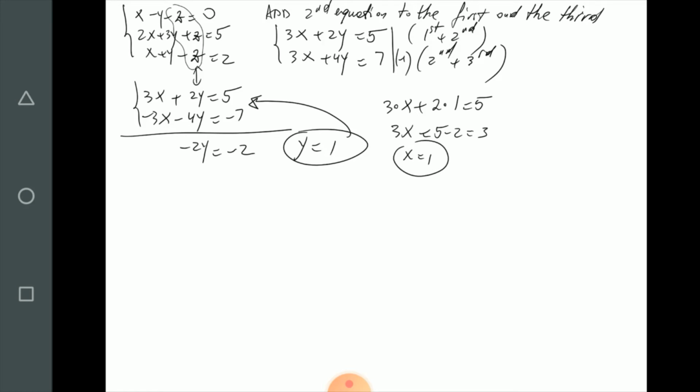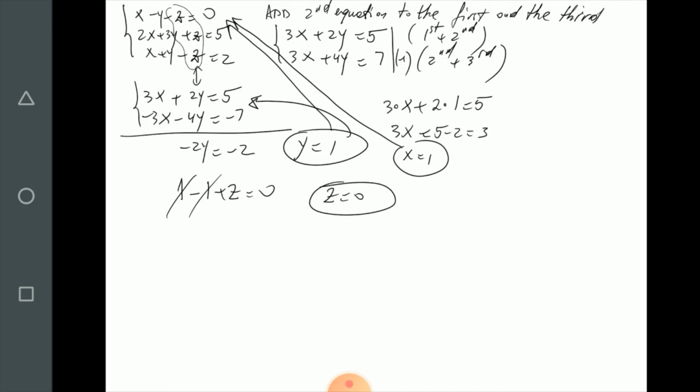Then we bring both of these values into one of the initial equations and plug them in. So 1 minus 1 plus z equals 0. That gives me z equals 0. So the unique solution in this case is (1, 1, 0). In this case, the system is consistent and it has a unique solution.